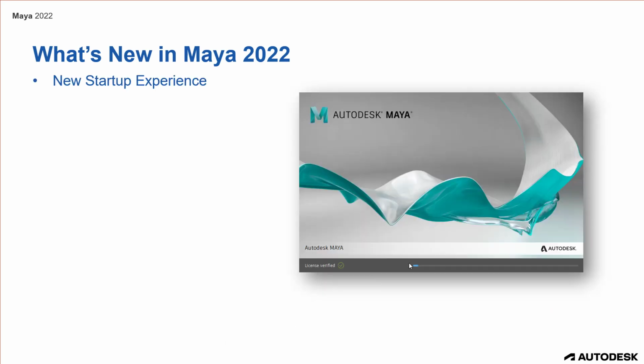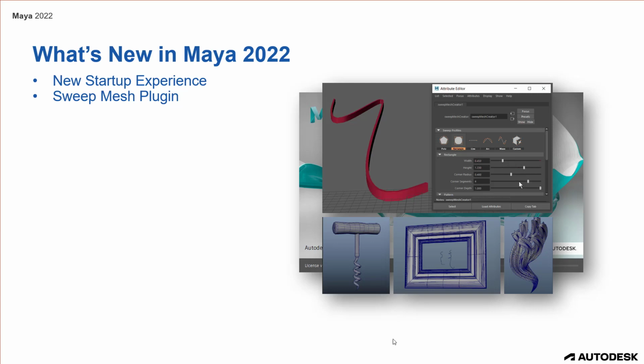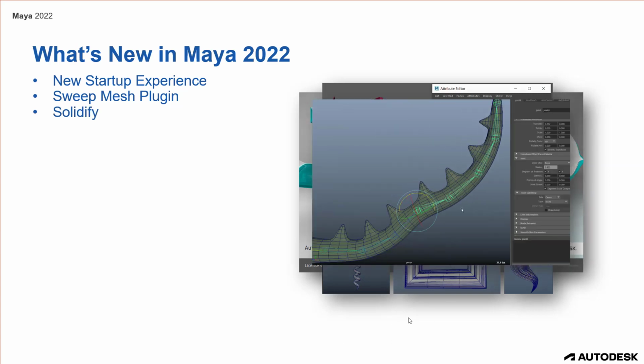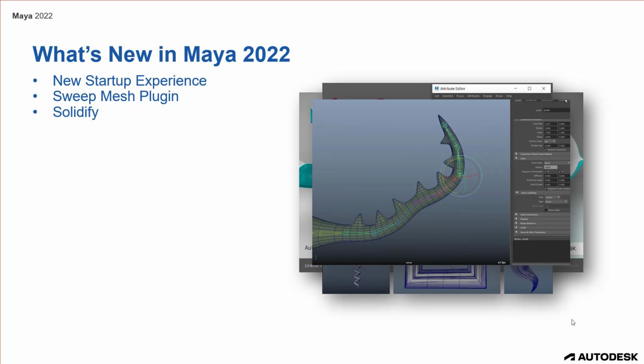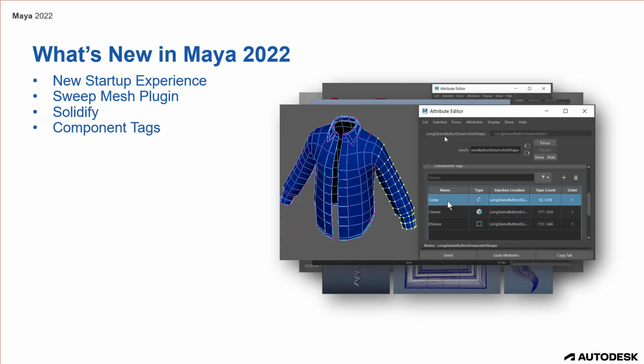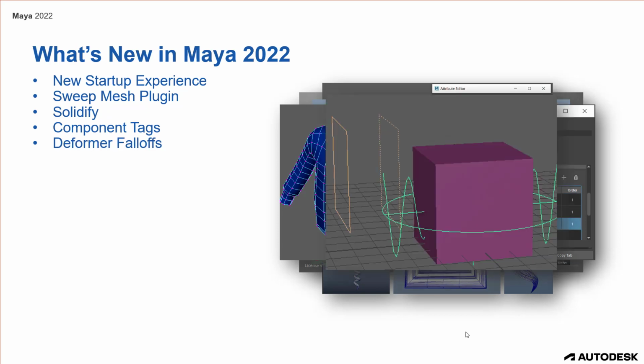So what have we seen so far? I demonstrated, or talked a lot about, the new startup experience in Maya and the new welcoming screen that we have here. I've shown you the new Sweep Mesh plugin and the Solidify deformer, as well as the component tags for the rigging artists.